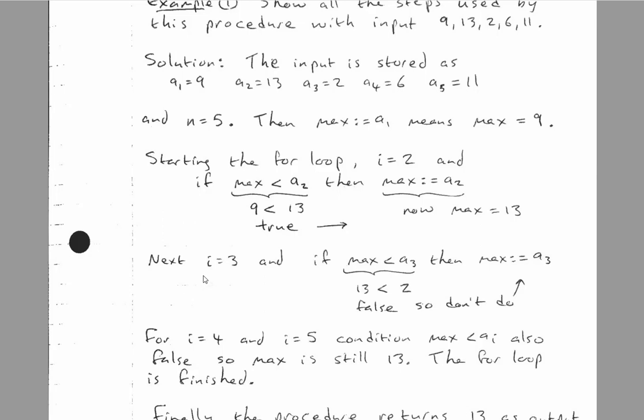We're still in the loop. Next, i is equal to 3. Check the condition: 13 strictly less than 2. Well, that's false. A sub i is now A sub 3, and that's 2. Since this is false, we don't change max.